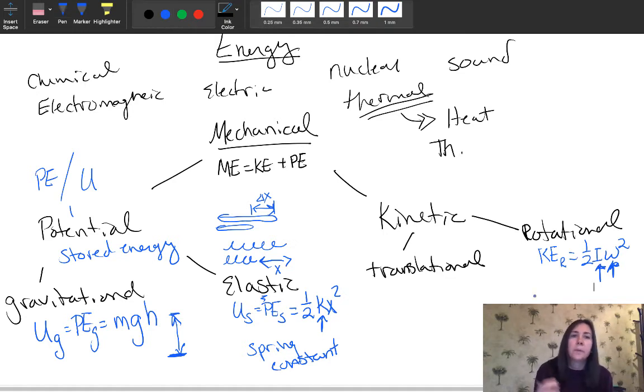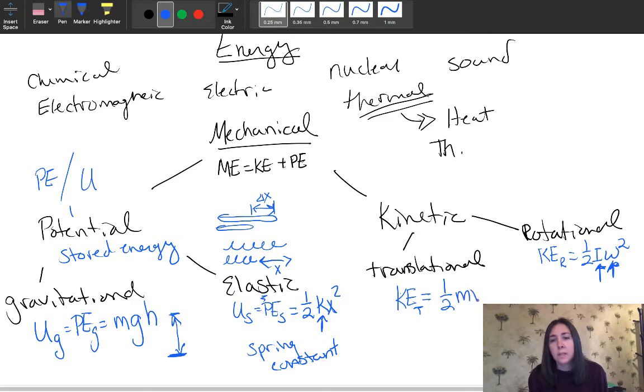It's sort of like a rotational idea of mass. It depends on the shape of an object. We'll talk more about that when we talk about rotational motion. The kinetic energy that we're going to work with the most is translational kinetic energy, KE_T, which is 1/2 mass times velocity squared.